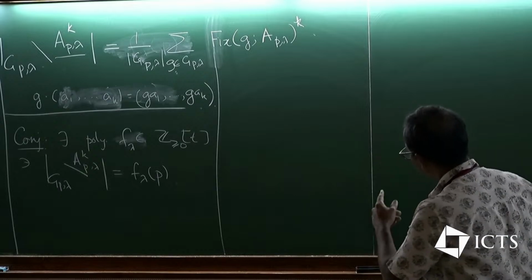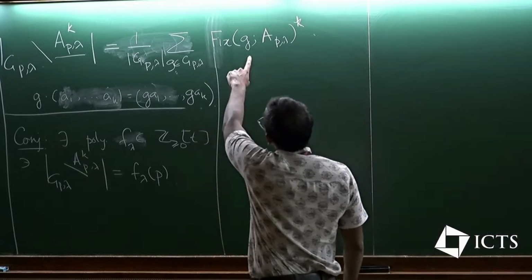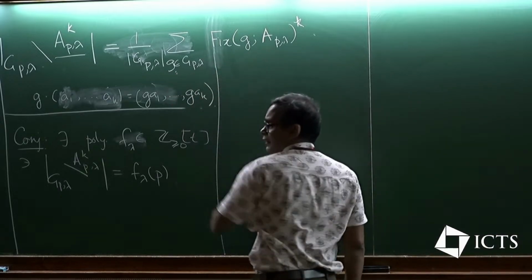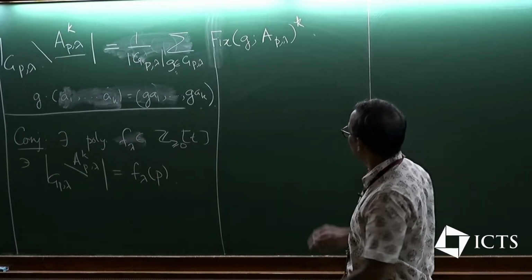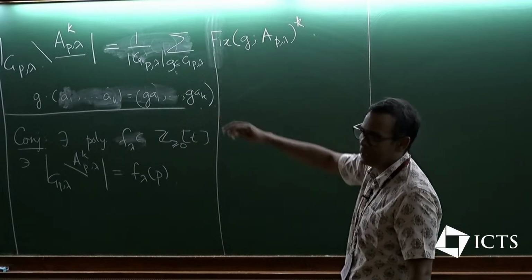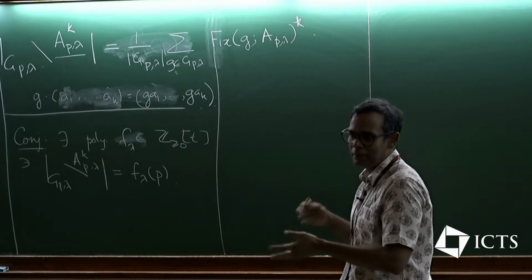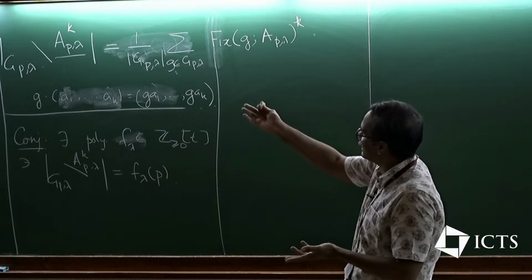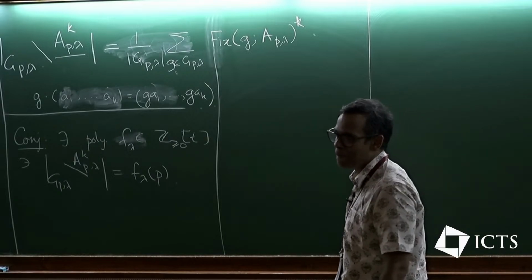So if you could just write down how many elements of G there are with a given number of fixed points, then you would be able to solve this easily, in a way that is sort of P independent and combinatorial.